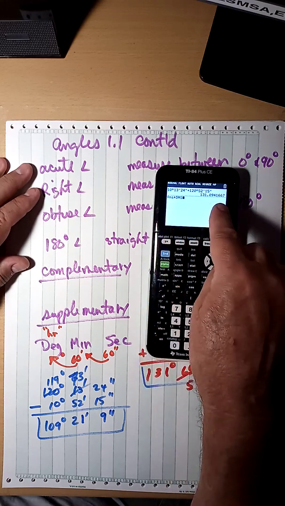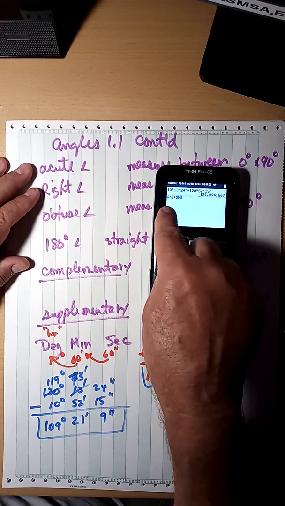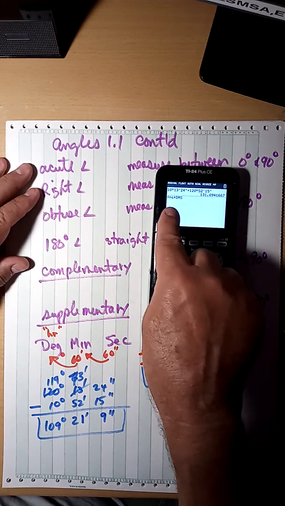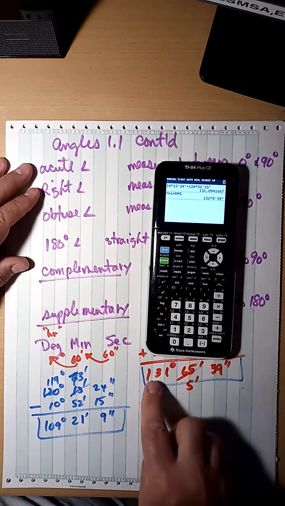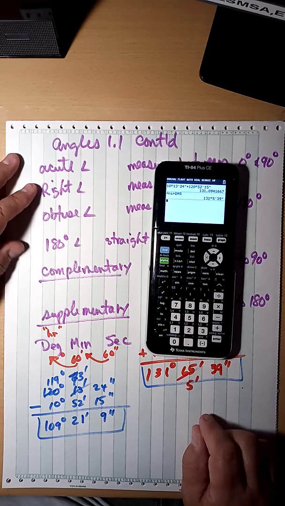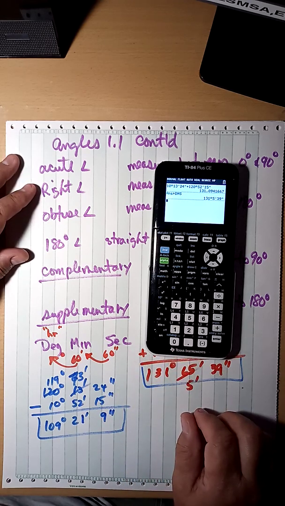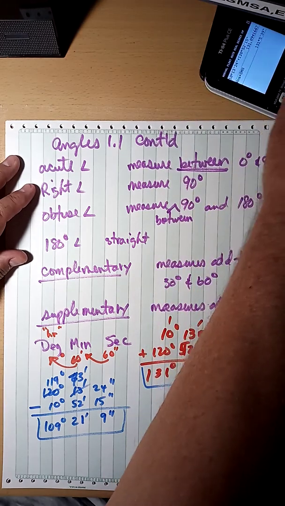So it takes the answer. Every time you do a calculation, it puts it in a variable called answer, ANS. And convert that to degrees, minutes, seconds. And there's the 131 degrees, 5 minutes, 39 seconds. So if I had a choice, I would use my calculator to add and subtract.